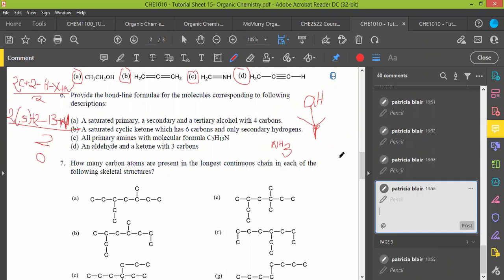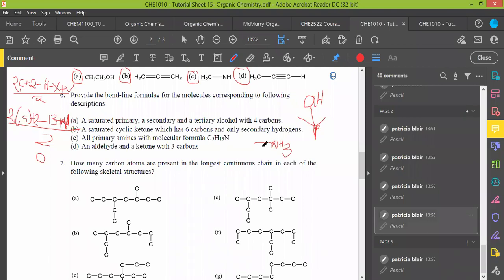So primary amines, like I was saying, they're just like carbon atoms. If only one carbon atom is directly attached to them, they will be known as primary amines.